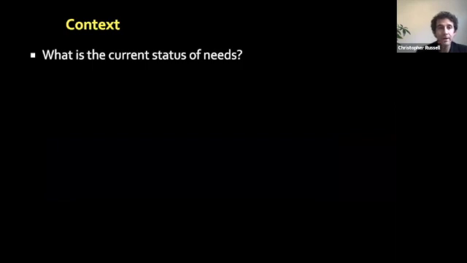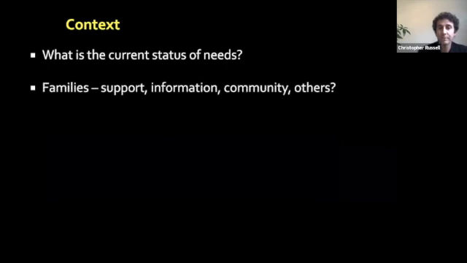Trying to get a better idea, as we go, of what the current status of needs are in the field for professionals and for families. For families, what I'm seeing across the country is that families still need support, especially information. And I think families most of all need clarity of information, because there's a lot of information out there.